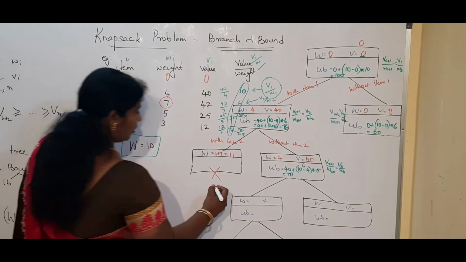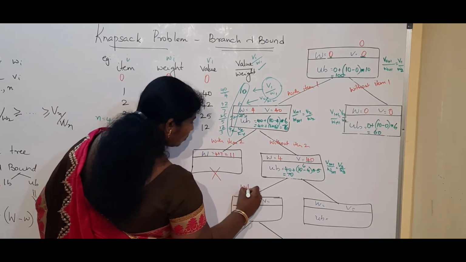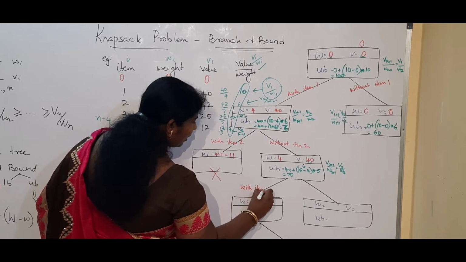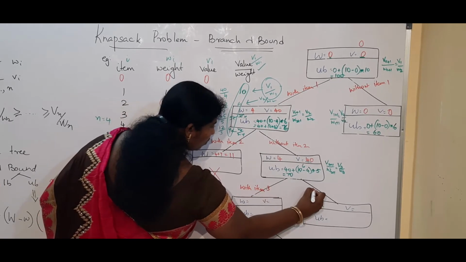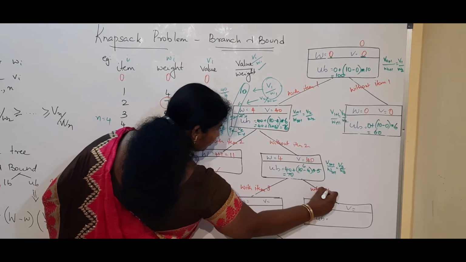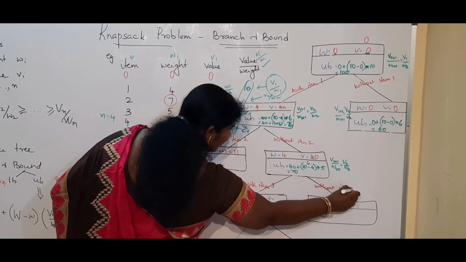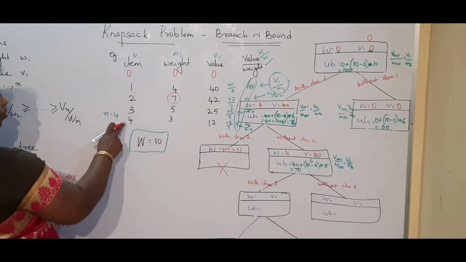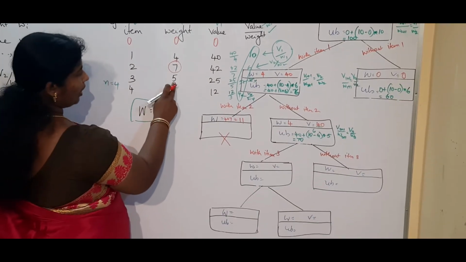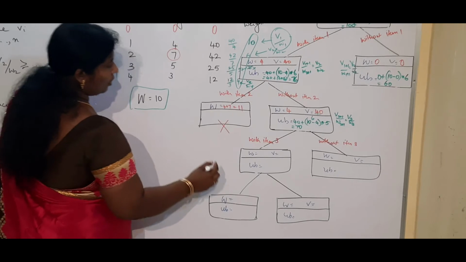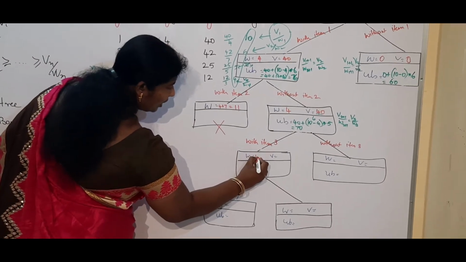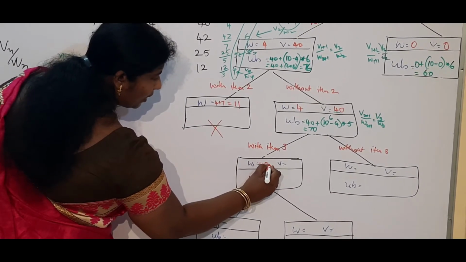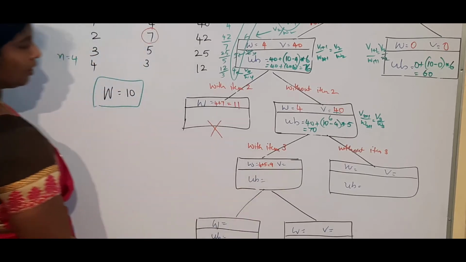Now the next branching factor is going to be with item 3 and without item 3. What is item 3? Item 3 weight is going to be 5. Already I have 4 and 5, which is going to be 9.